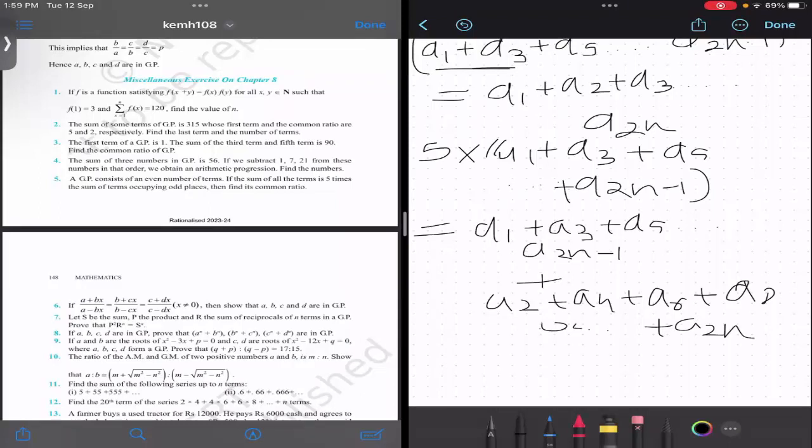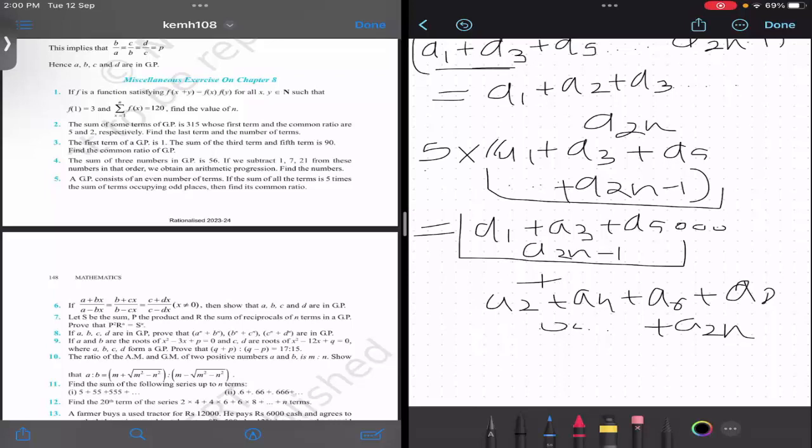Correct? I've done nothing but I've segregated the odd terms and the even terms. If you see right here, this also forms the summation of odd terms. So can I consider this entire summation as being one part of the sum expressed in the LHS? Can I do that? Because this is nothing but the term that is written in the bracket itself, right?